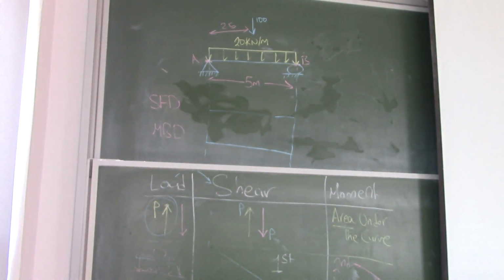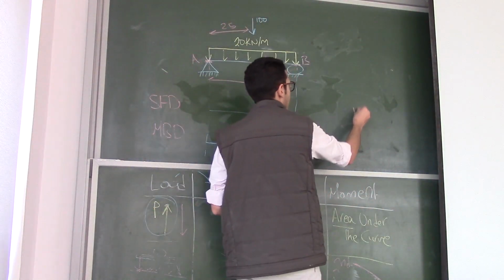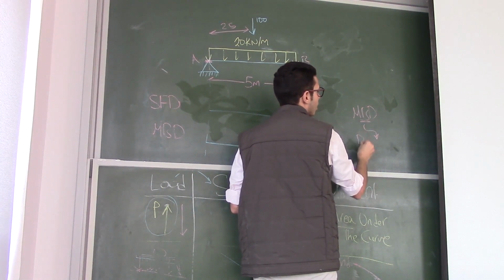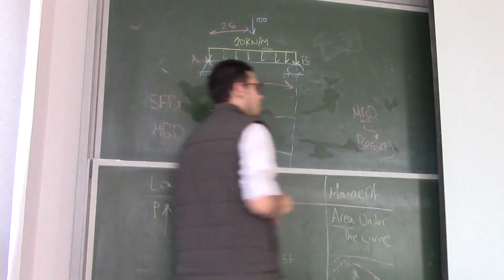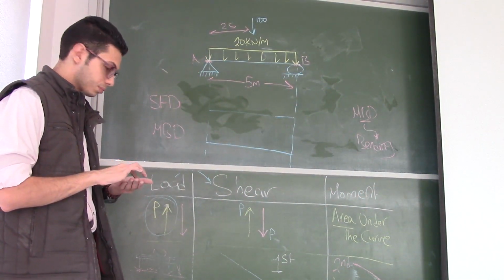The D means diagram, and the B means bending. It's a bending moment diagram.